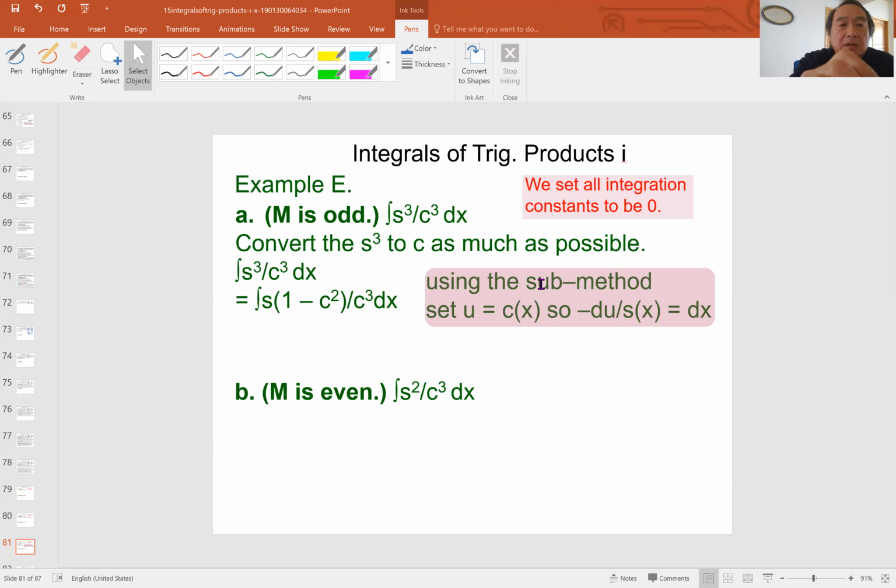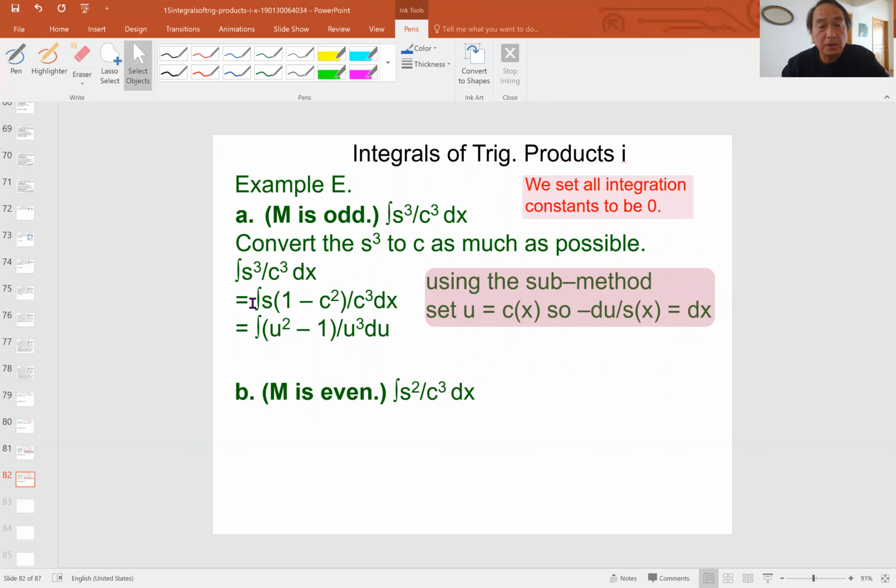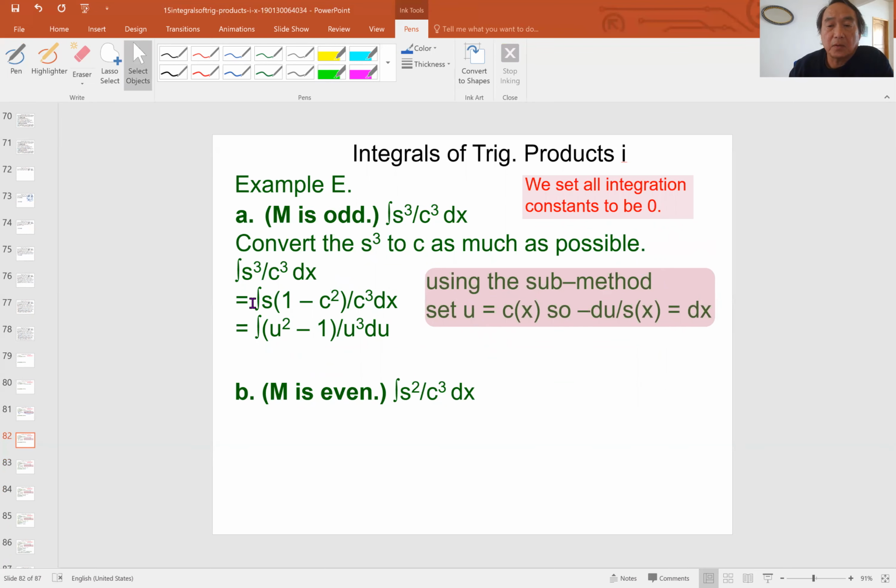Now the derivative of cosine is sine, so I can set u to be cosine. This guarantees the sine will cancel out when I change into du, which it does, because du over sine. And the minus sign over here, I switch this around so it's absorbed into the subtraction. Now it becomes basically an integration in u, so you integrate in terms of u.